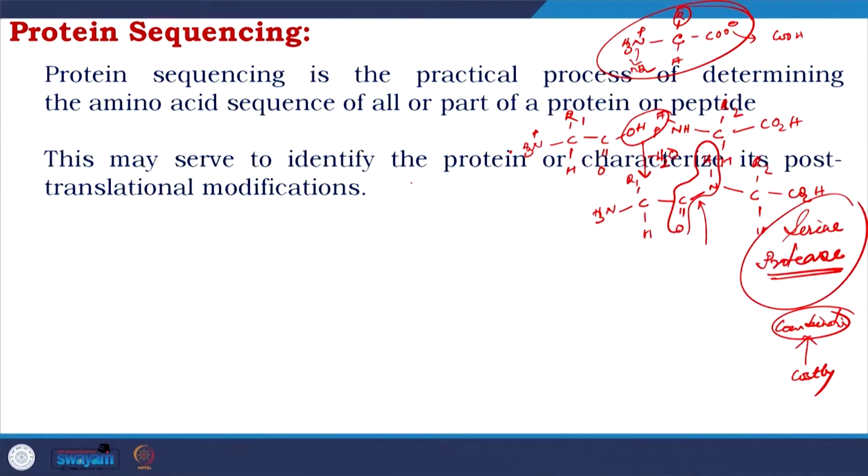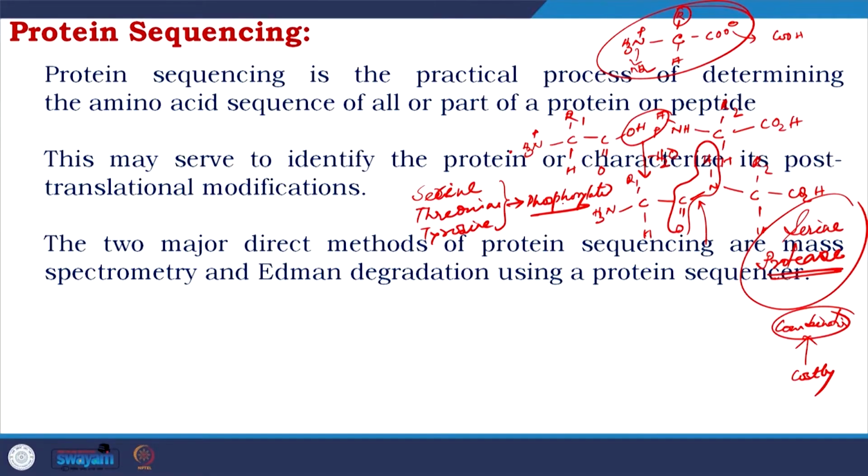There are residues having hydroxyl groups, like serine, threonine, tyrosine. They could be phosphorylated. In that way, methylation, acetylation, there are post-translational modifications.